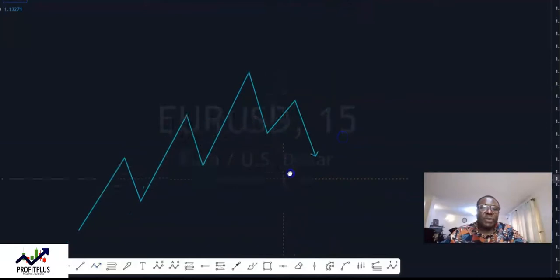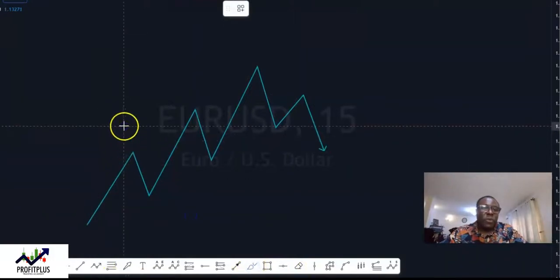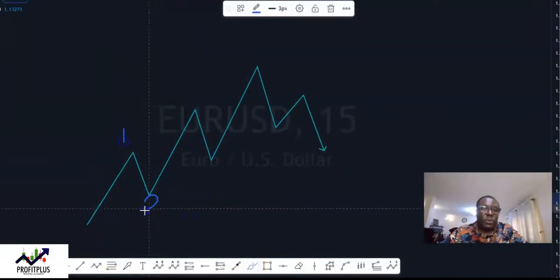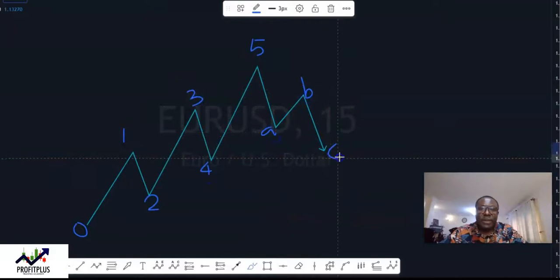This is a typical Elliott wave formation. So we have wave 1, wave 2, which is this correction from 0 to 1, wave 3, wave 4, wave 5, and then this is A, this is B, and here is C.